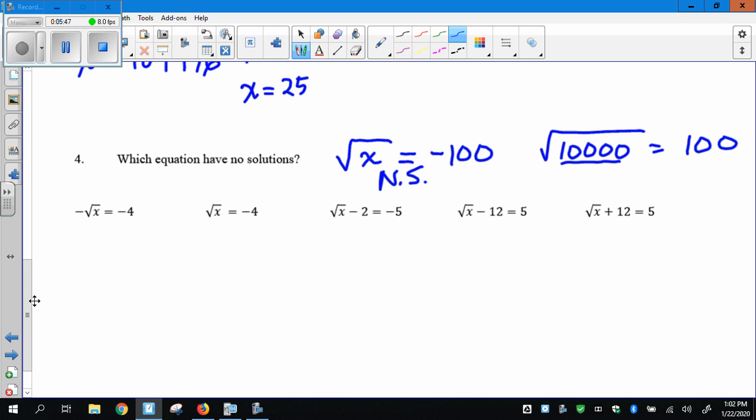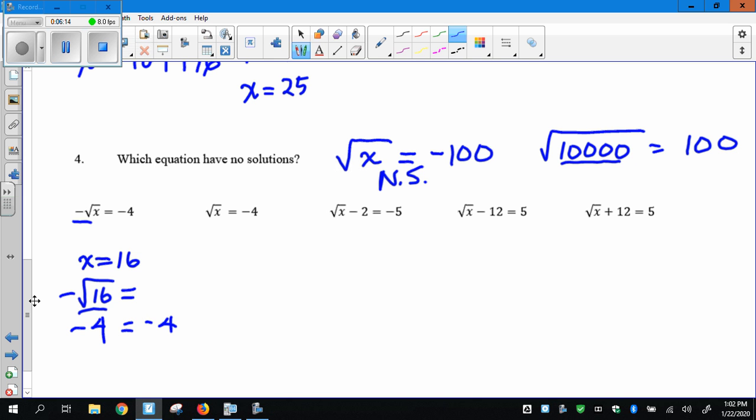All right? Now, since this first one says the negative square root of x equals negative 4, this one does have a solution. The solution is x equals 16. Because of this negative out front, if I put a 16 there, this simplifies to 4, because the square root of 16 is 4. And so negative 4 equals negative 4. That works. So that has a solution.